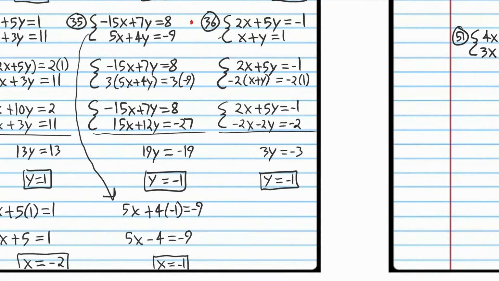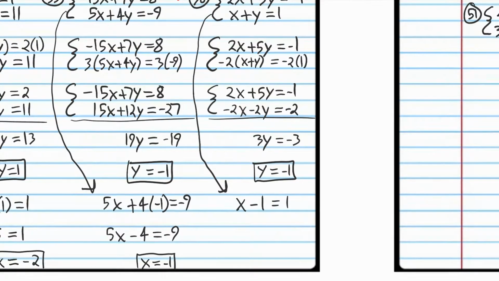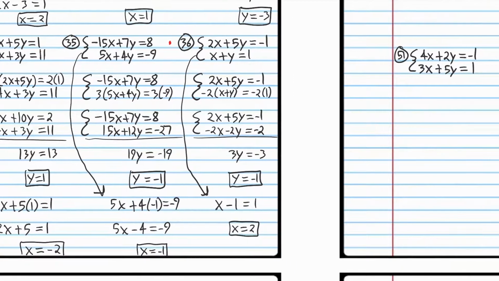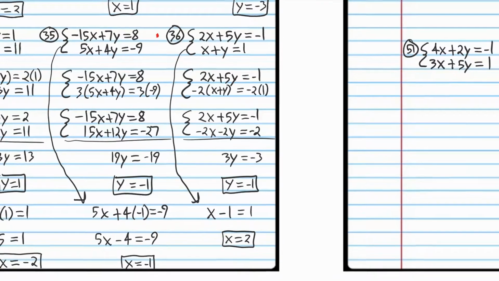And I'm going to use this bottom equation because that looks really simple. x plus negative 1, I'm just going to use the condensed notation. So x is obviously equal to 2. So again, the difference for that problem is you have to multiply both sides by a negative.